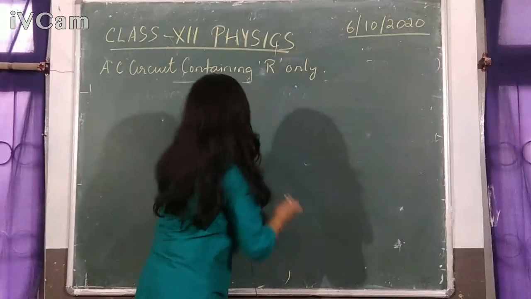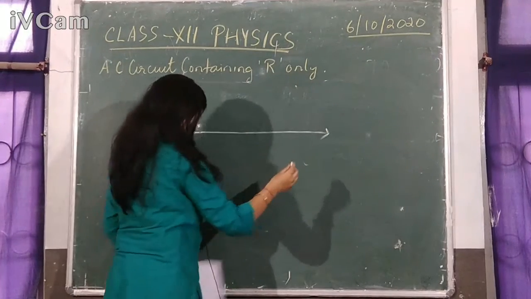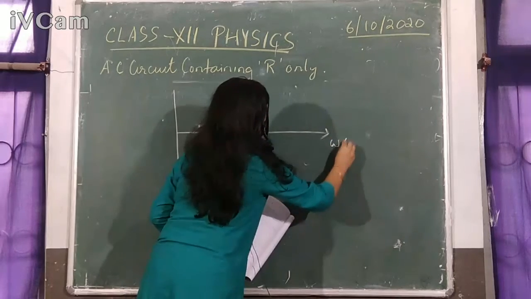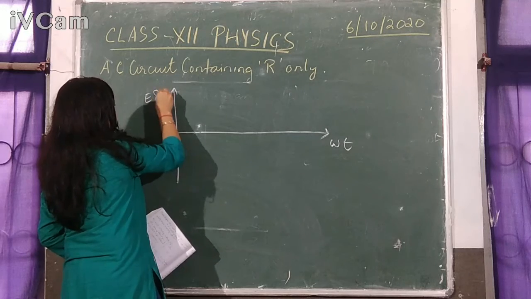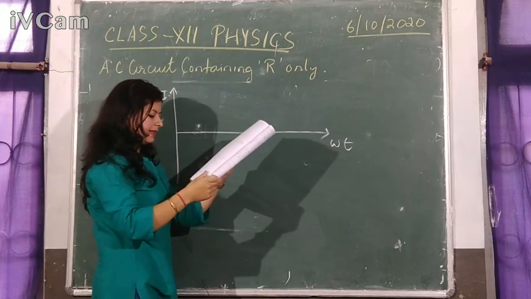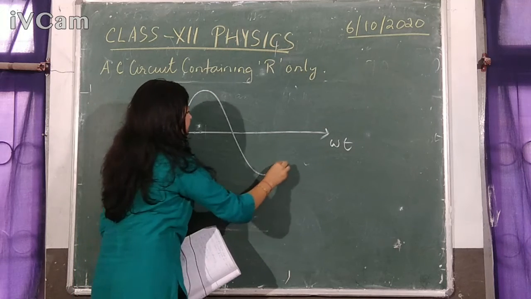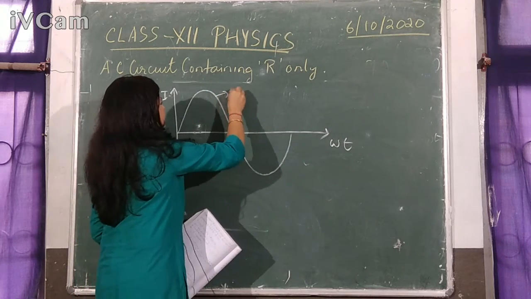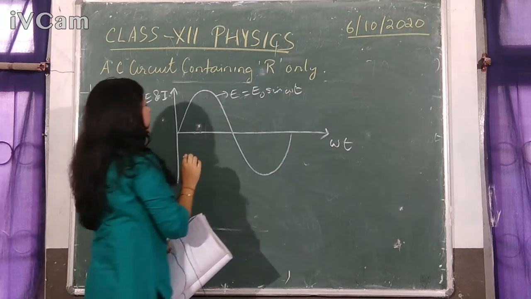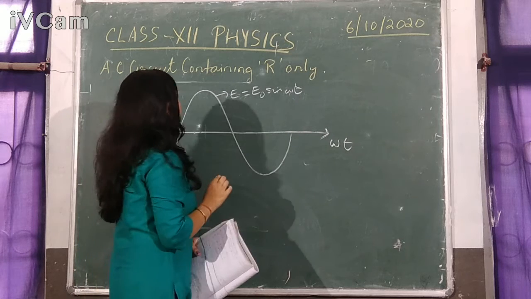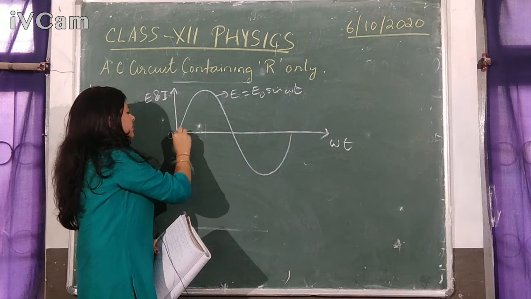Okay, wave diagram. On the same graph, we are going to show both current and potential difference, or current and the EMF. Now if this is the value of EMF, I'm just taking one cycle. So this is E equal to E naught sine omega t. Now current, since they are in the same phase, if E is at 0, I also will be at 0.